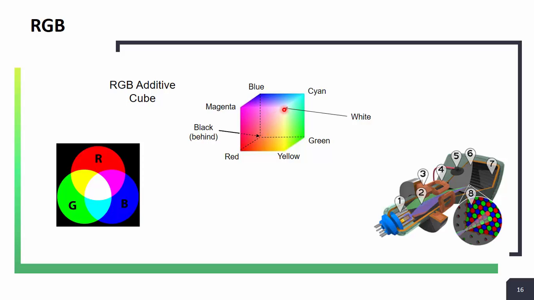And at the point where the components of red, green, and blue are at maximum intensity, we get white. Then the secondary color magenta, which is the addition of blue and red, we get at this point of this plane, cyan is here and yellow is here. And the other colors will be somewhere in this cube.